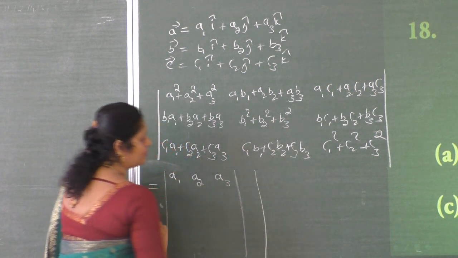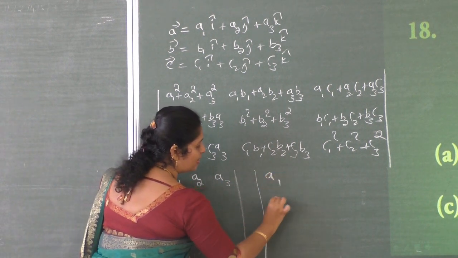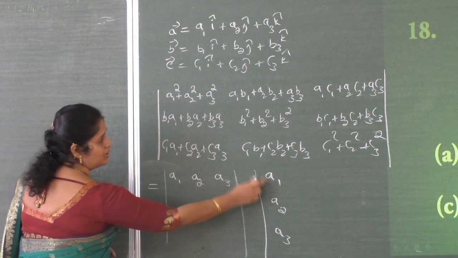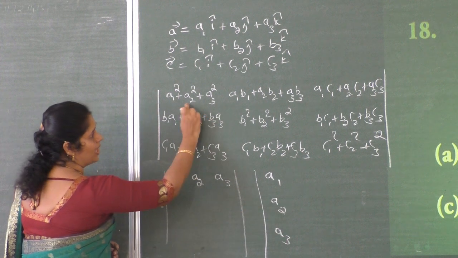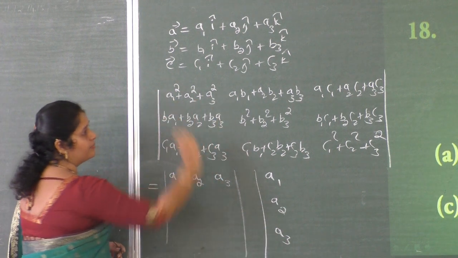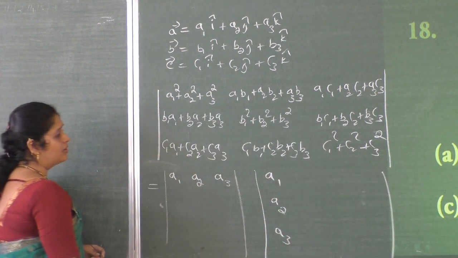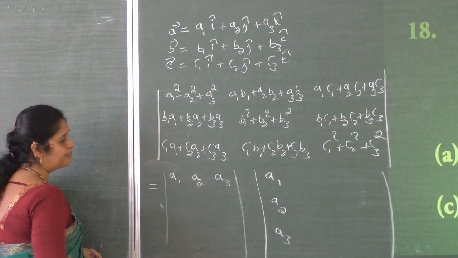Then another determinant, first column A1 A2 A3. Now look at this, A1 square, A2 square, A3 square, we are getting the first element. This is the second determinant.